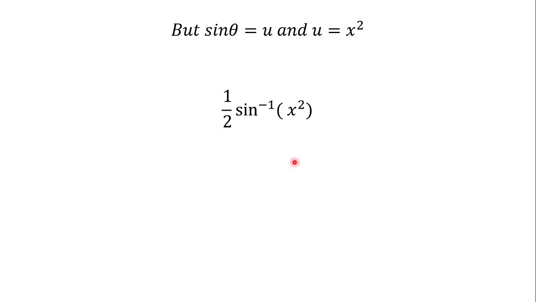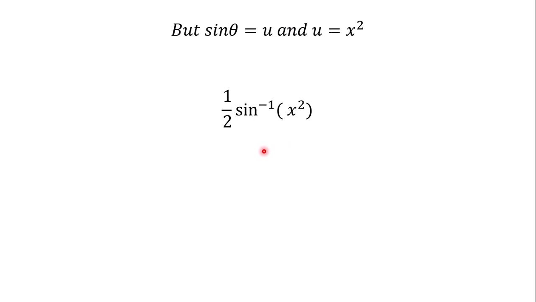You see, sine inverse of x squared. So the problem that we solved gave us the sine inverse of x squared. But the one that I wanted to show you is sine inverse of u. Here it is x squared because in the problem we were solving, we substituted this x squared with another variable.